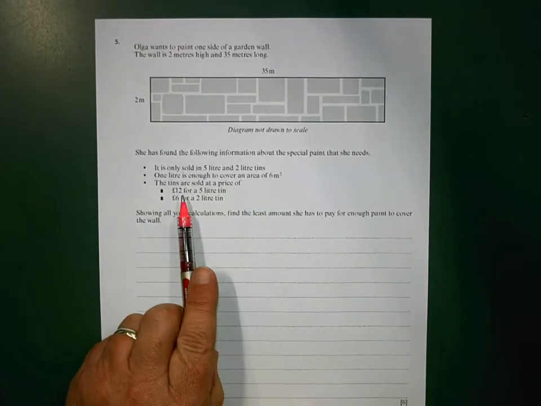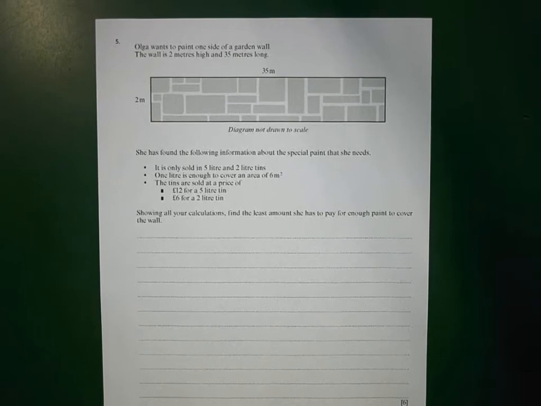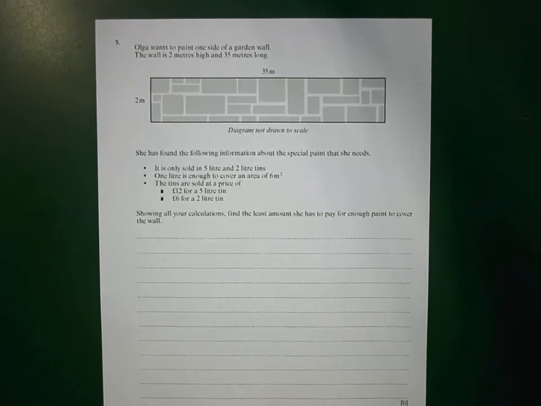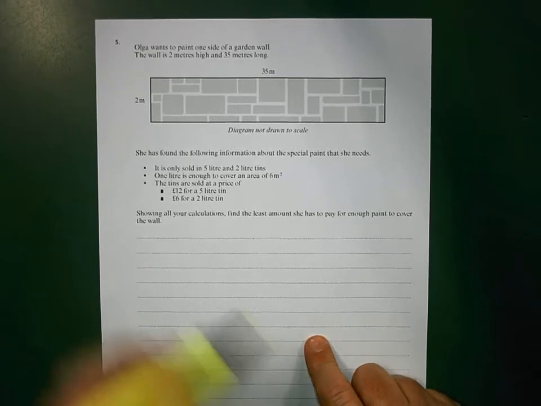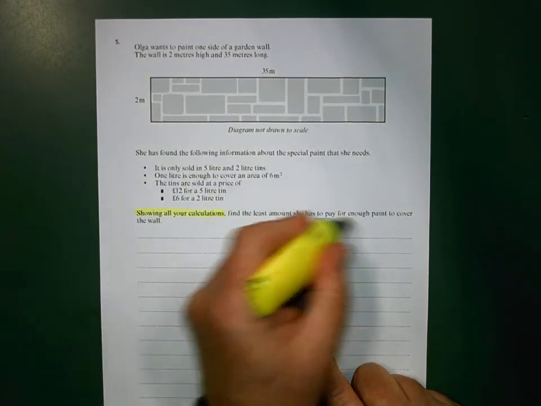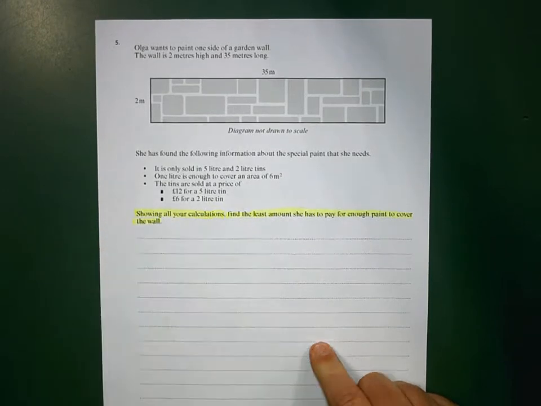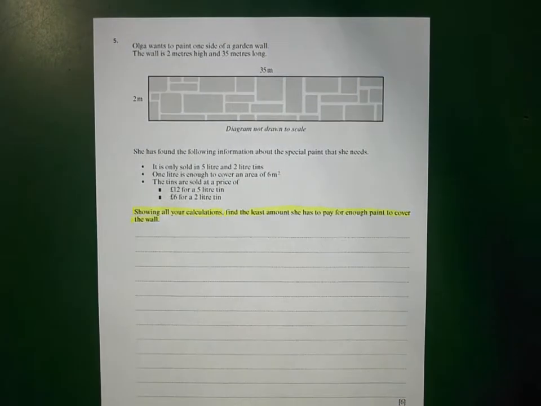The tins are sold at a price of £12 for a 5 litre tin, so a big tin, and £6 for a 2 litre tin, a smaller tin. Showing all your calculations, find the least amount she has to pay to cover the wall. So that's our instruction.